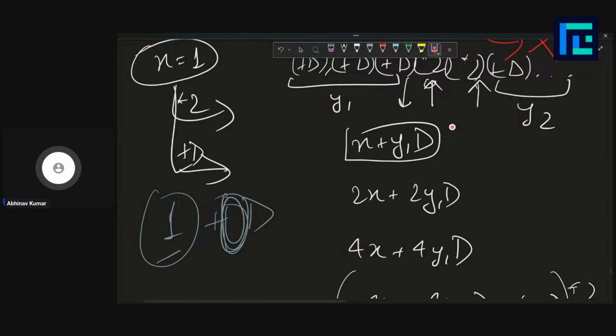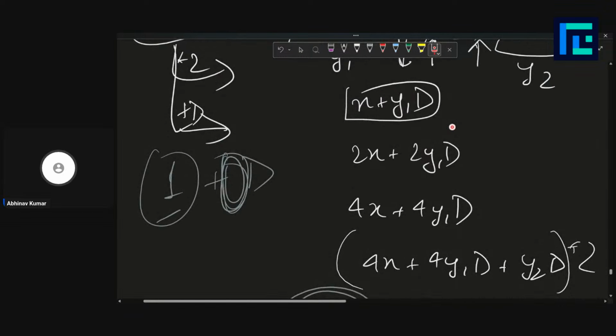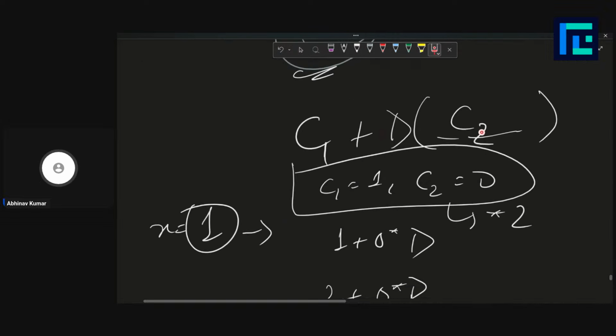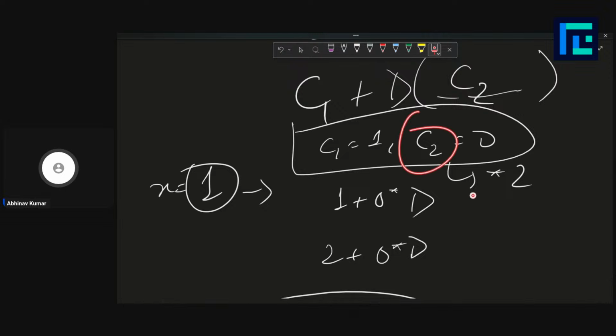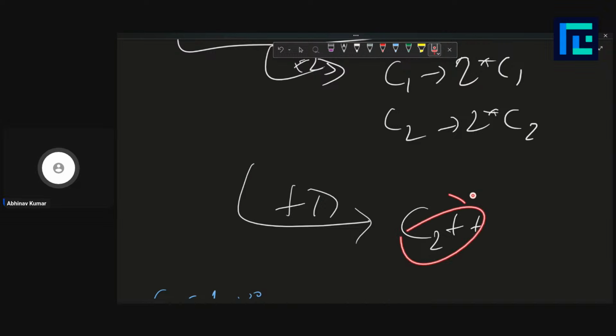And for the remaining part, the coefficient of d, this c2, gets multiplied by 2 whenever you multiply by 2, and whenever you add plus d, this coefficient gets increased by 1.